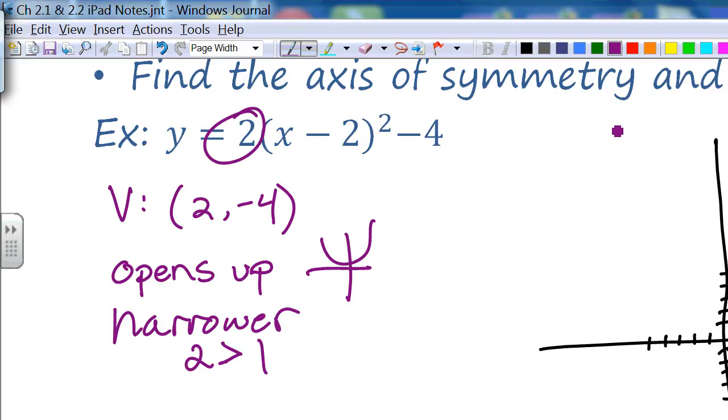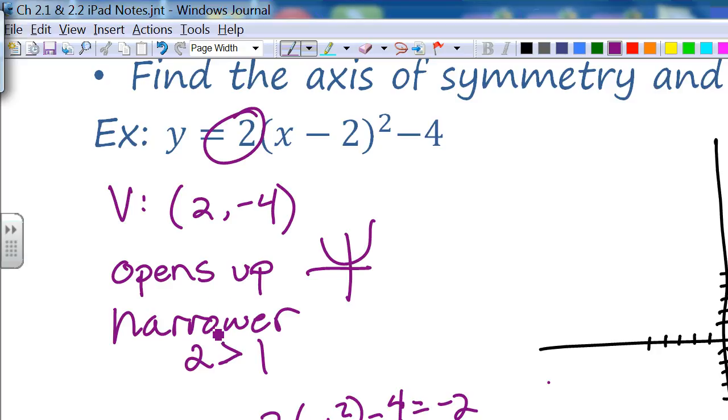If I plug in 1, I have 1 minus 2, which is -1, squared is 1, times 2 is 2, minus 4 is -2. So I have the point (1, -2). Due to symmetry, 3 is going to be -2 also.